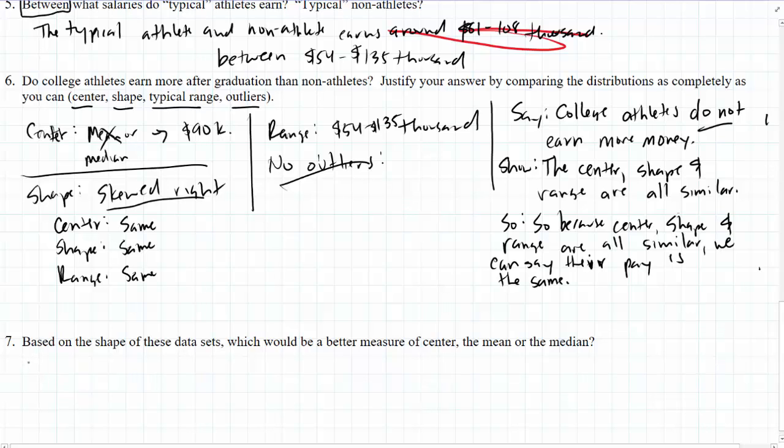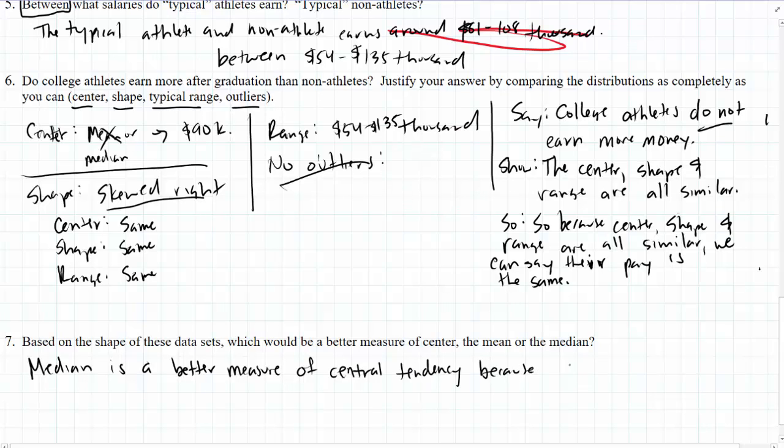So median is a better measure of central tendency because the shape is skewed.